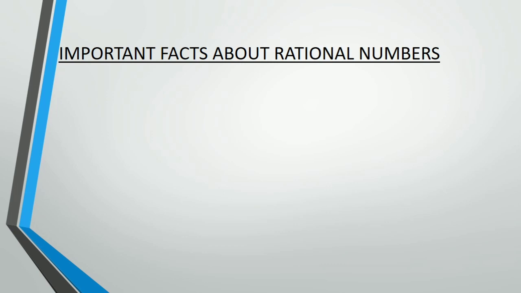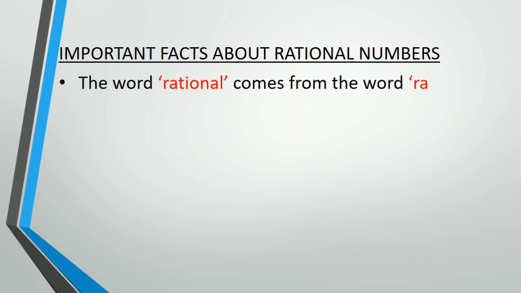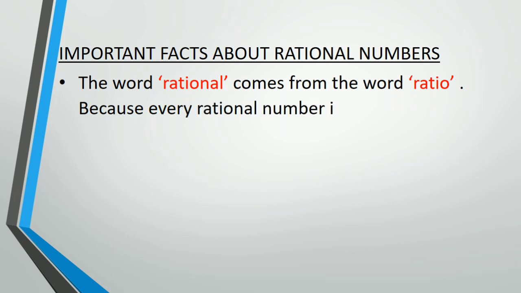Let's understand some important facts about rational numbers. The word rational comes from the word ratio because every rational number can be expressed as a ratio between two integers. You have learned the concept of ratio.